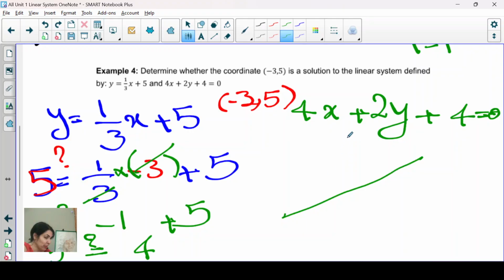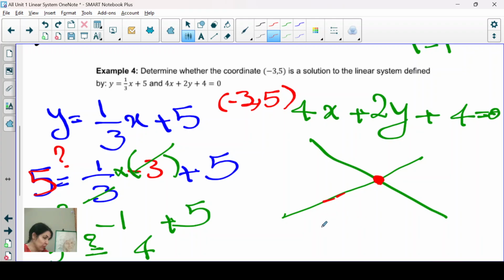It doesn't work here because, imagine you have two lines. If the point of intersection is the solution, this point belongs to this line and also belongs to this line, so it should work on both.